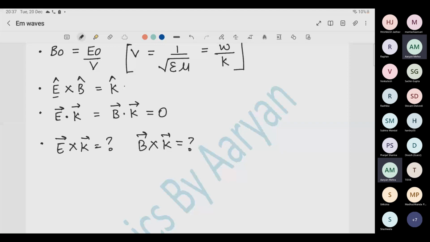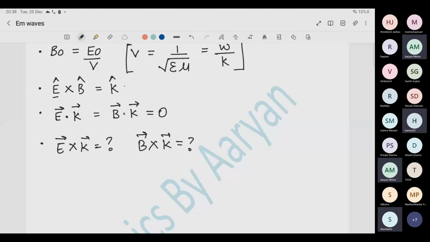So if you do E cross K, can I say it will be in the direction of B? How many of you can imagine that? B or minus B, anything, don't worry, but it will be in the direction of B, right?